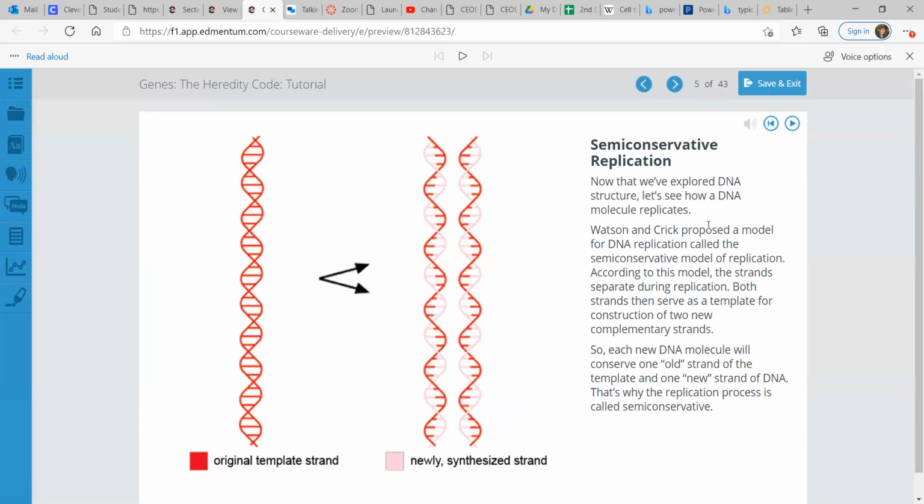Both strands then serve as a template for construction of 2 new complementary strands. So each new DNA molecule will conserve one old strand of the template and one new strand of DNA. That's why the replication process is called semi-conservative.